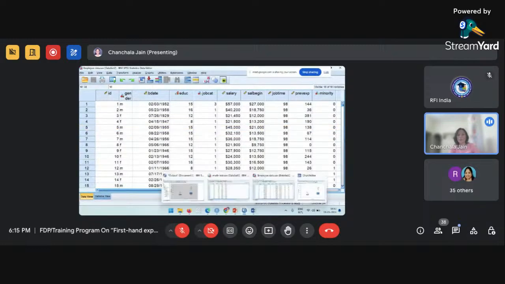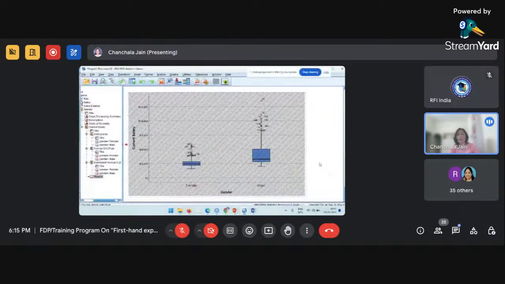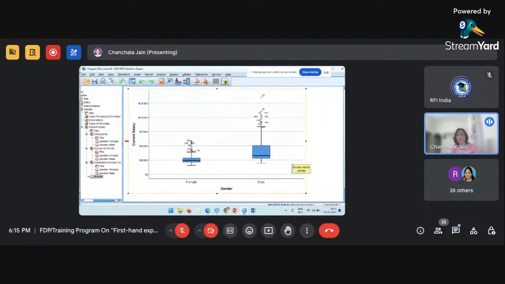So this way you can ascertain all the assumptions. We have seen normality, we have seen outliers, we have seen the homogeneity of variance, that is equal variance. All the three main assumptions are violated by the data, right? So generally we need to go for the Mann-Whitney U test, but some of the literature says that for normality, the t-test is a robust test, but you need to find it in the literature.